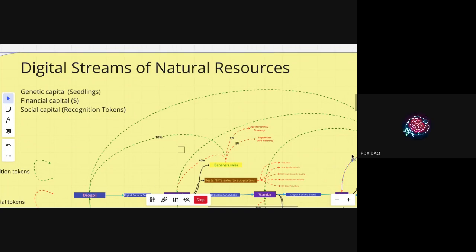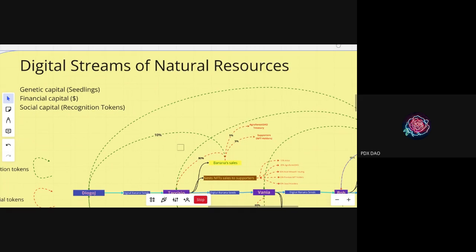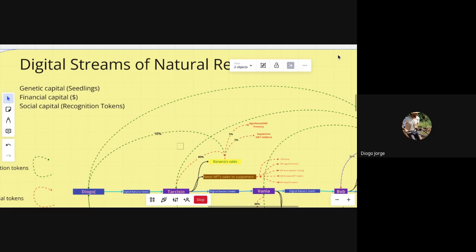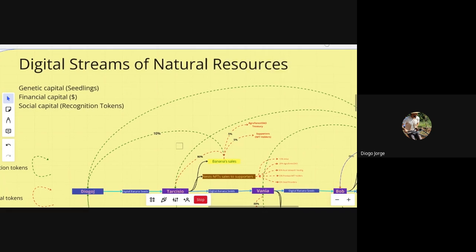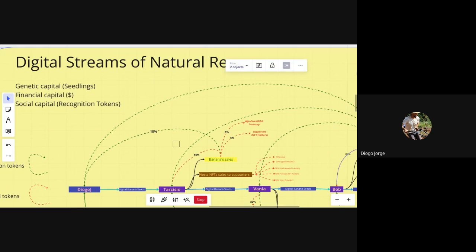Diego, how long have you been working on putting this together? Well, we've been thinking a lot about how to reward supporters, how to create co-owned supply chains.